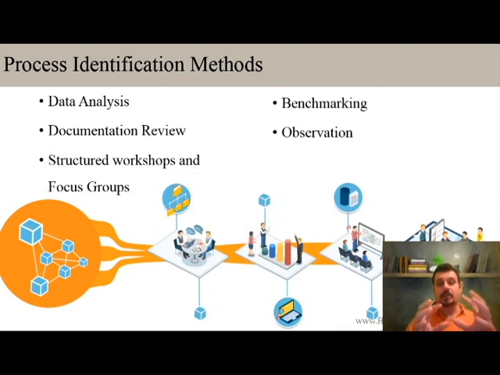After that, distinguish the related tasks and combine them together to find the processes or activities. It's a method that needs more time, because you should observe, you should watch how they are doing their duties, tasks or activities.